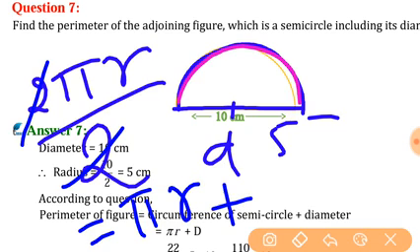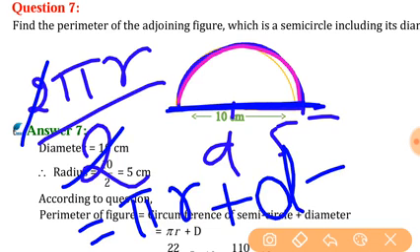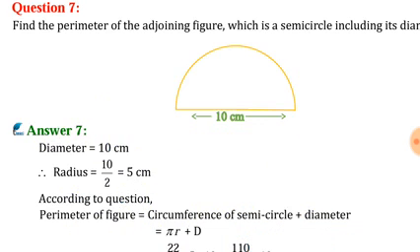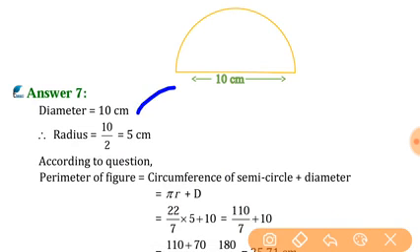So 2 gets cancelled, and what remains is pi r. Plus I also need the diameter. So the diameter is 10 centimeter, radius is 5 centimeter.